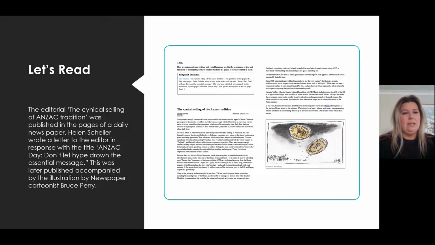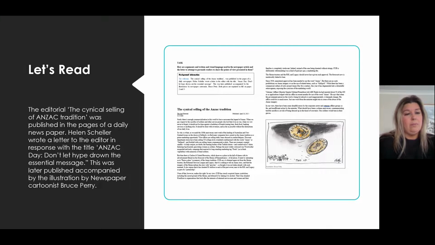Today we're going to be using this sample as a bit of a guide as to how to tackle the exam. We're looking at the editorial, The Cynical Selling of Anzac Tradition, which was published in the pages of the daily newspaper. Then we also have, in response, Helen Scheller writing a letter to the editor with the title, Anzac Day, Don't Let Hype Drown the Essential Message.